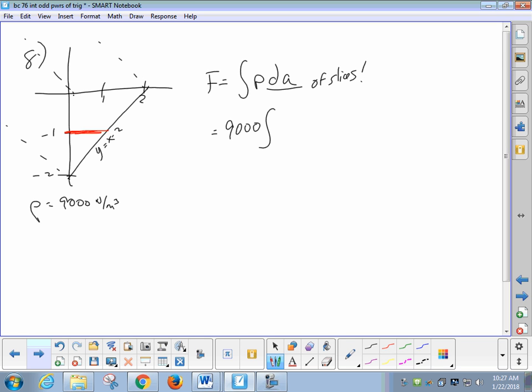It is filled. Okay? When the slice is at -1, then the depth is 1. When the slice is at -1.5, then the depth is 1.5. So it seems like the depth is always either 0 minus y or just the opposite of y, yeah? You follow?